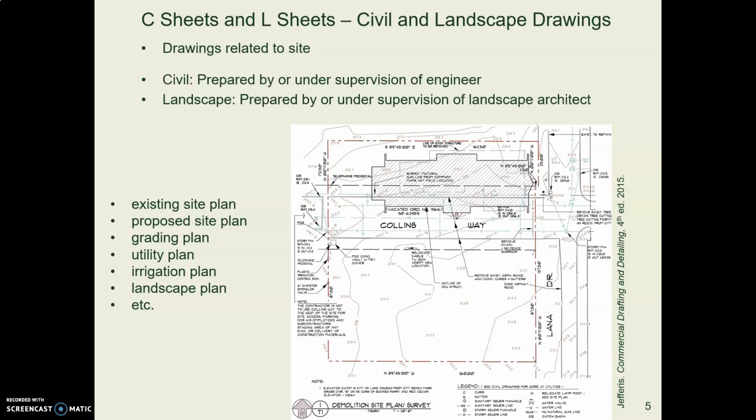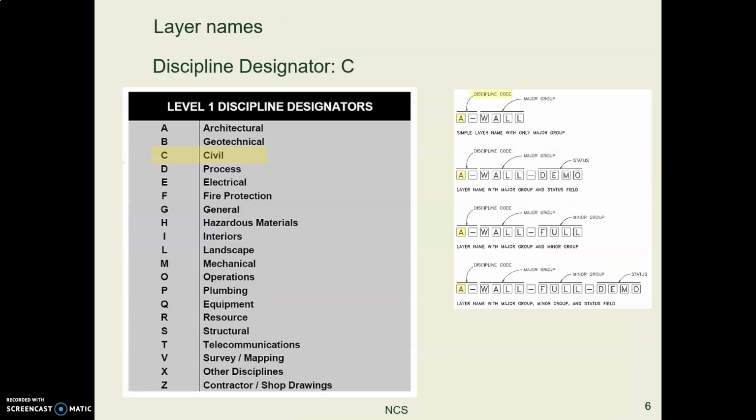So the basic idea is civil would have more to do with roads, streets, utilities. Landscape would have more to do with site grading, site preparation, vegetation, irrigation. Although, as I say, that can vary.